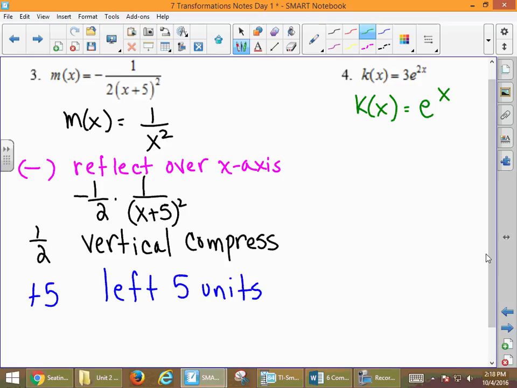I know our ultimate goal is to be able to do these without a calculator, but let's look at what happens. And actually, we don't need to look at everything that happens. What does the 3, which is outside of the function, do to the function? And hopefully you recognize that the 3 is a vertical stretch.